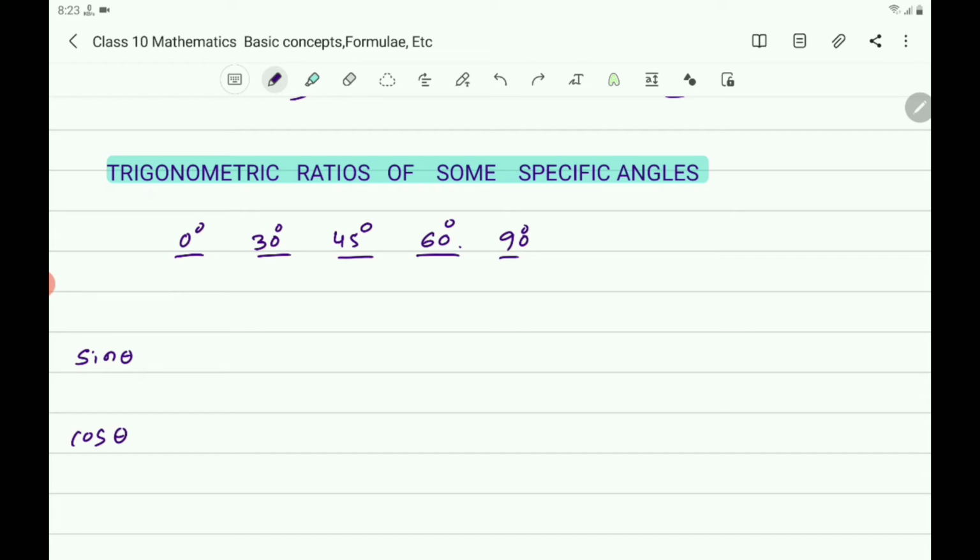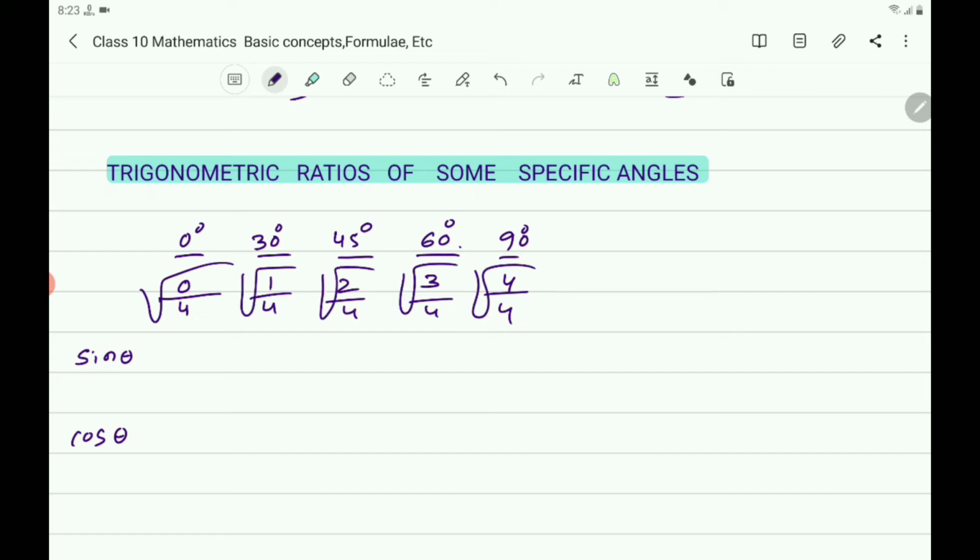So you take 0, 1, 2, 3, 4 and divide it by 4 and take the root. So then it becomes 0 by root 4, which is 0 only, and root 1 by 4 is 1 by 2.